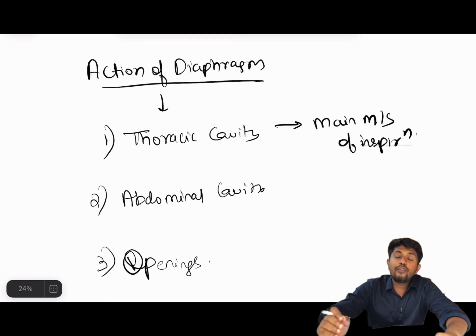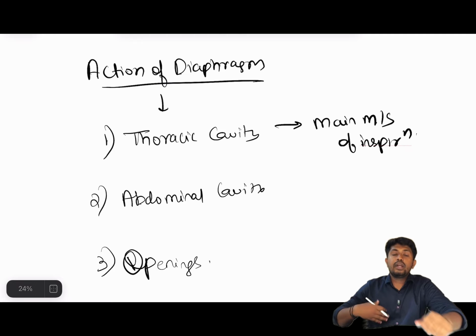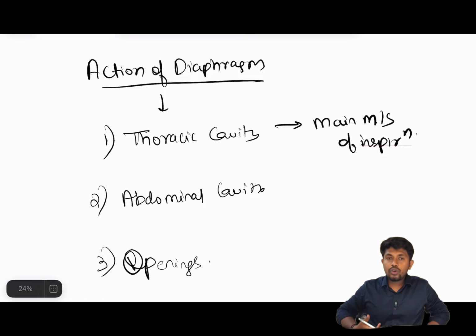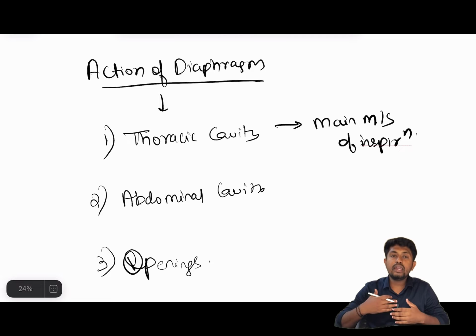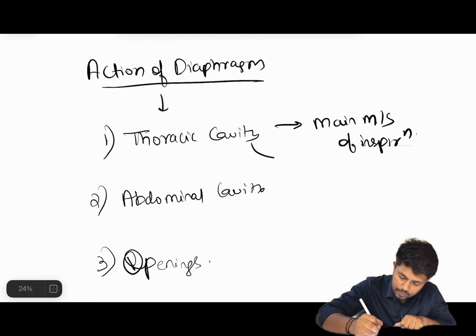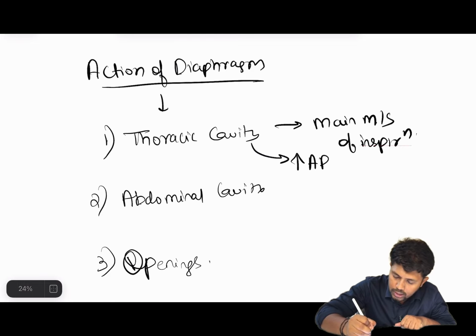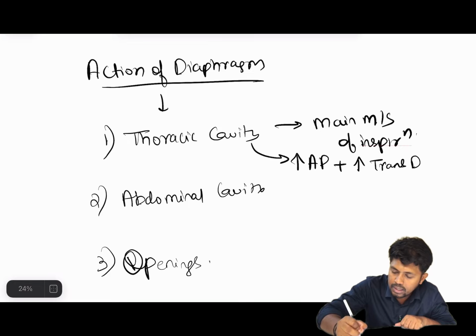During the process of inspiration, when we take the air inside, the diaphragm will go down. In this way, in the thoracic cavity, it will increase the anteroposterior and the transverse diameter. So the action of the diaphragm in the thoracic cavity is to increase the anteroposterior plus the transverse diameter.